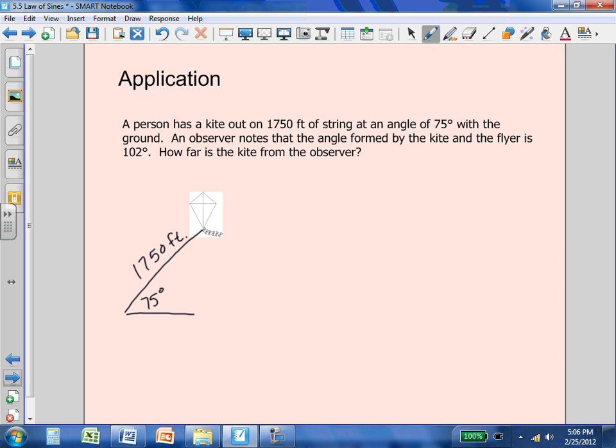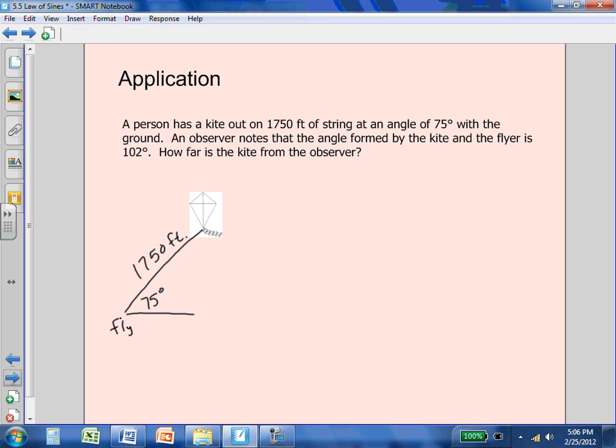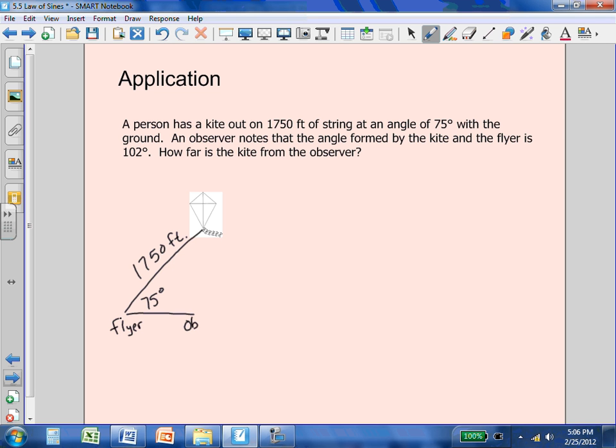Now, an observer notes that the angle formed by the kite and the flyer, so here's the flyer, here's the observer, someone watching the person that's flying the kite, that angle formed by the kite and the flyer is 102 degrees. So it's the angle between the kite and the flyer, that's 102.